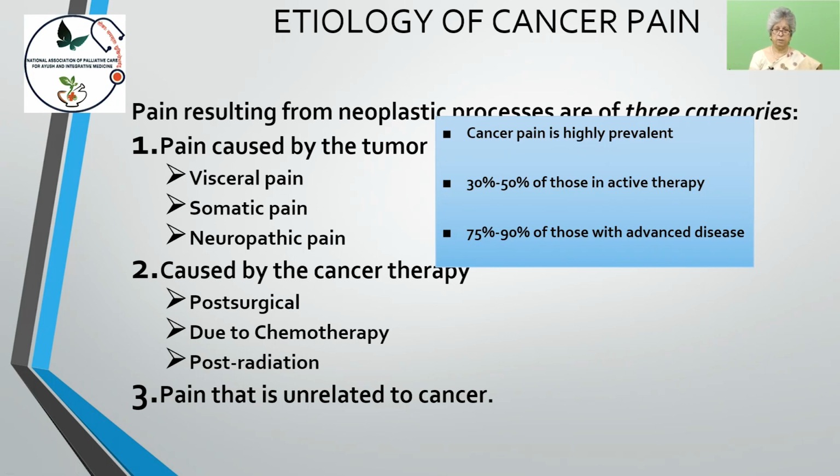Etiology of cancer pain. What causes cancer pain? Pain in a cancer patient may be because of the tumor. Suppose the tumor is pressing on a viscera, on a nerve or on a tissue, then it can give pain. The second important cause is cancer therapy.